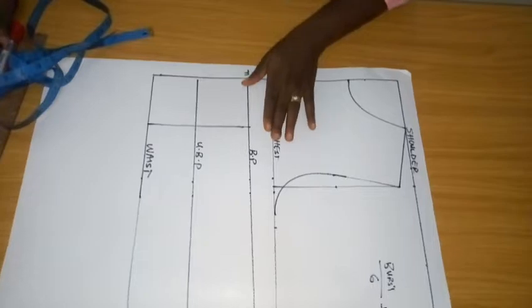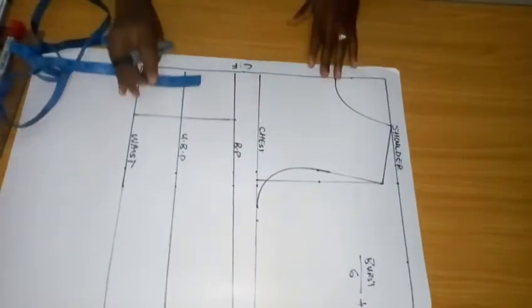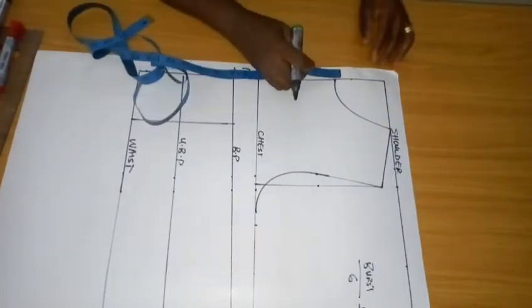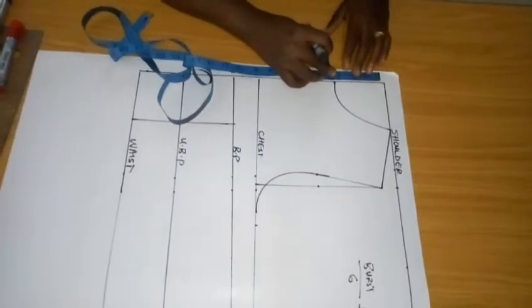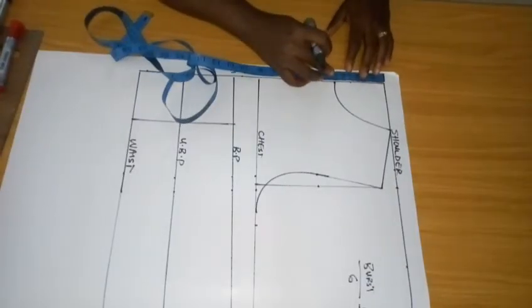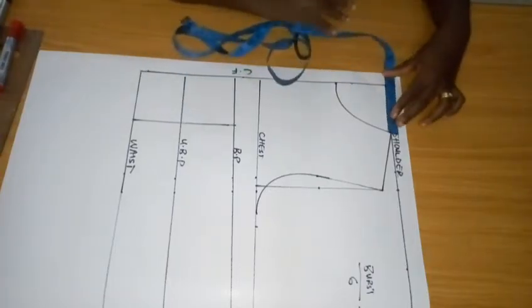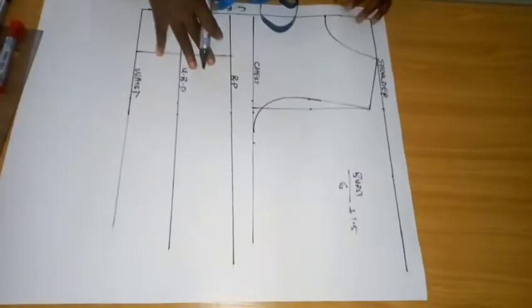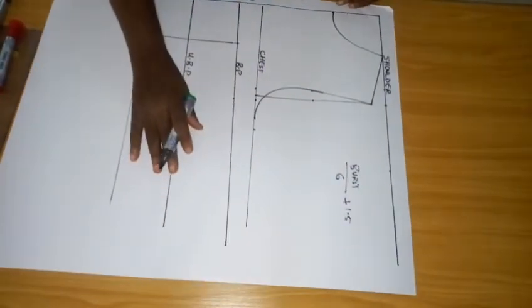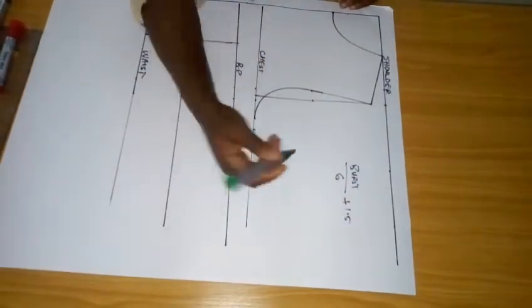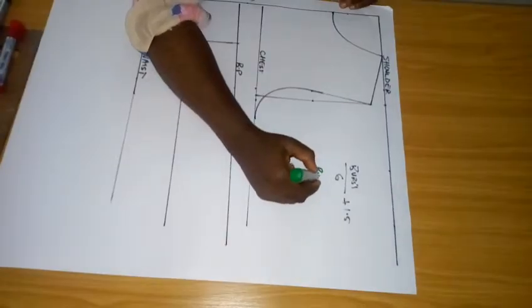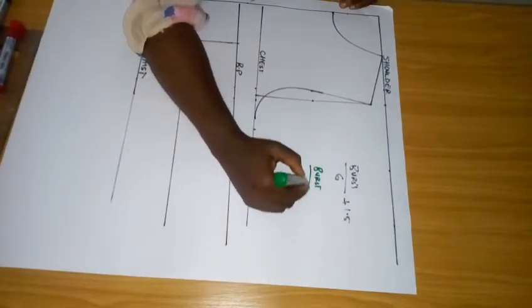I want to start from the neckline measurement. If you look at the picture on the screen, it is a turtleneck, a mandarin collar neck, which I've already taken as 3.5 by 3.5. To get an accurate collar neck that will not choke you, use your bust measurement divided by 12.